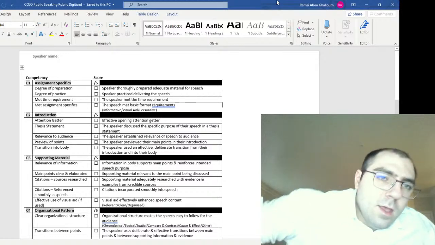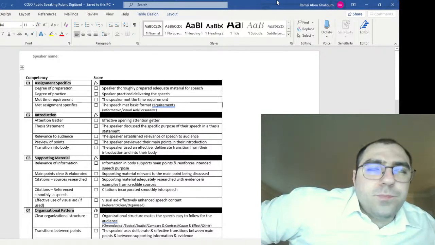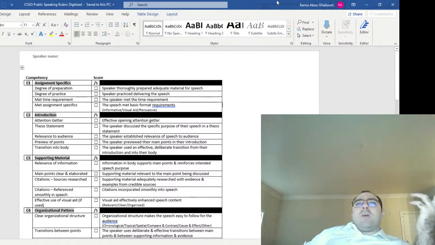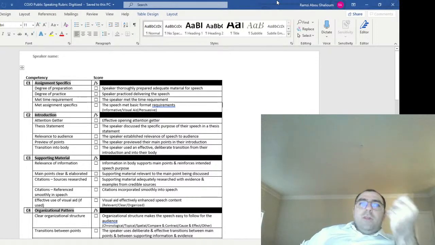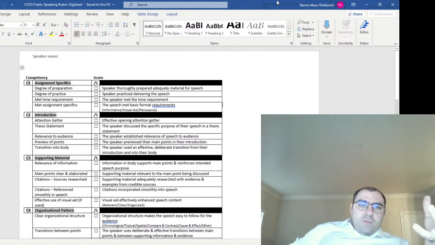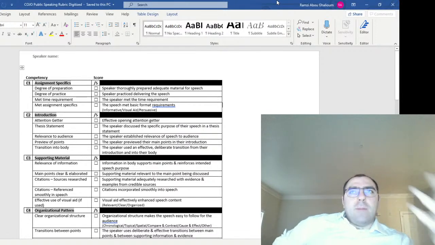All right. Now, as I said, the rubric is broken down into 8 categories, which on this rubric are called competencies. But they're just categories. Each of these categories has a set of criteria associated with it. The first competency is assignment specifics.